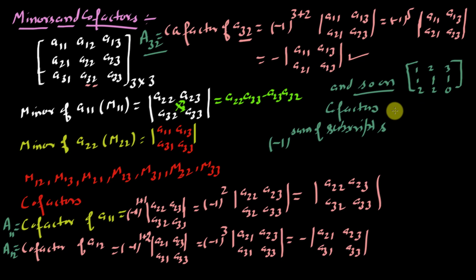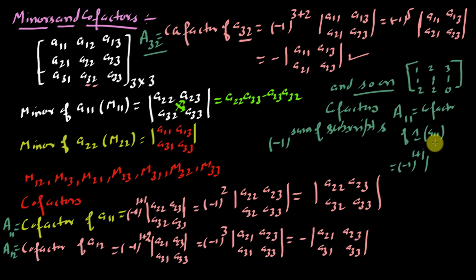Now if I ask for the cofactor of A11, the first element, it is minus 1 raised to the power of the sum of subscripts, times the determinant.